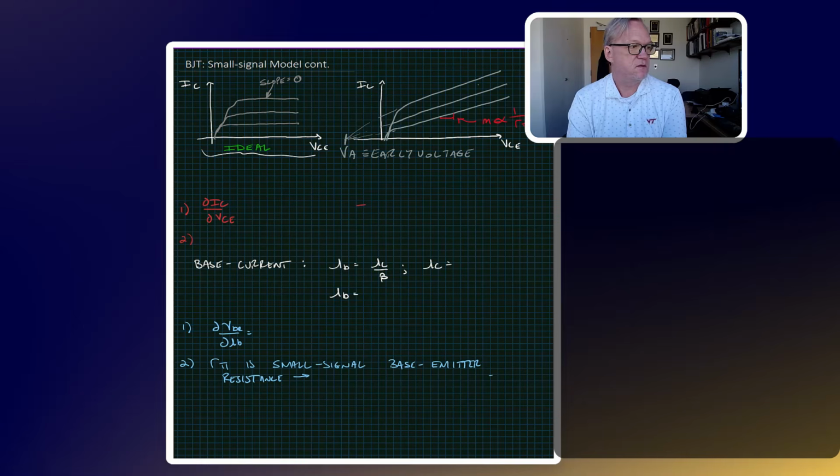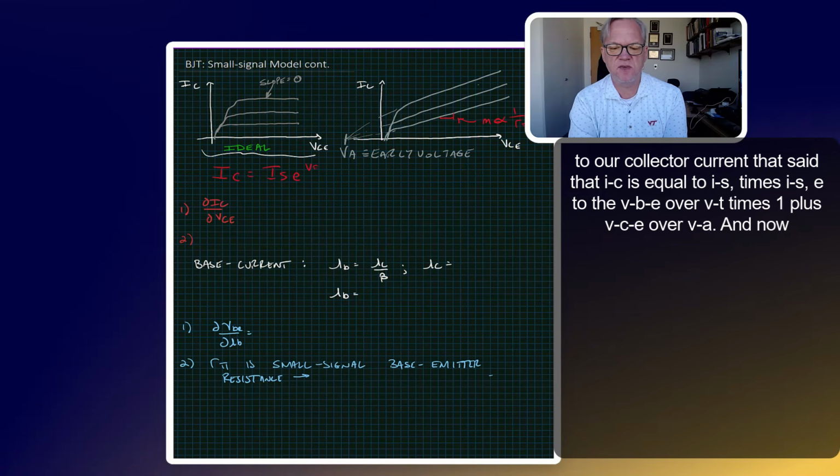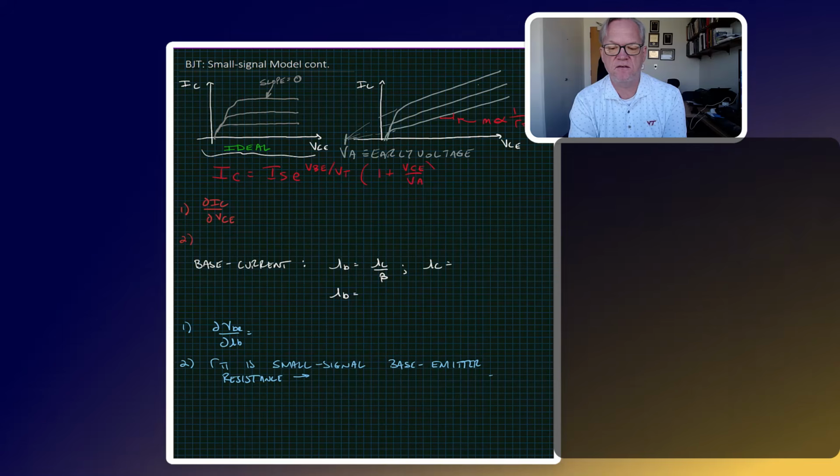So we made a modification to our collector current that said that IC is equal to IS times e to the VBE over VT times 1 plus VCE over VA.